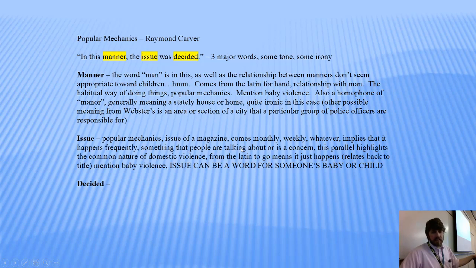But when I look at what the Latin is, the Latin to go means it just happens. But another definition for issue can be a word for someone's baby or child. The best example I have is from Shakespeare, where a guy is talking about this bastard son that he has to this other guy in King Lear.